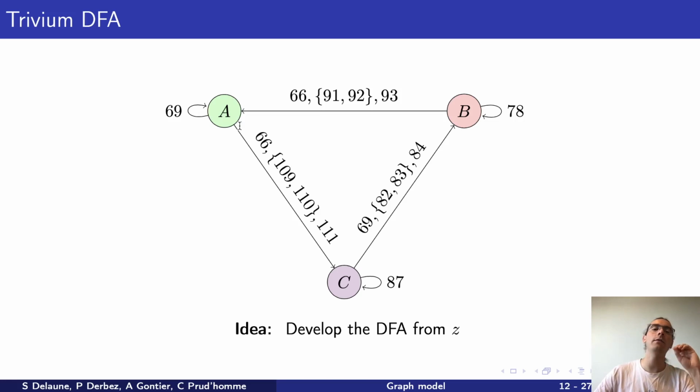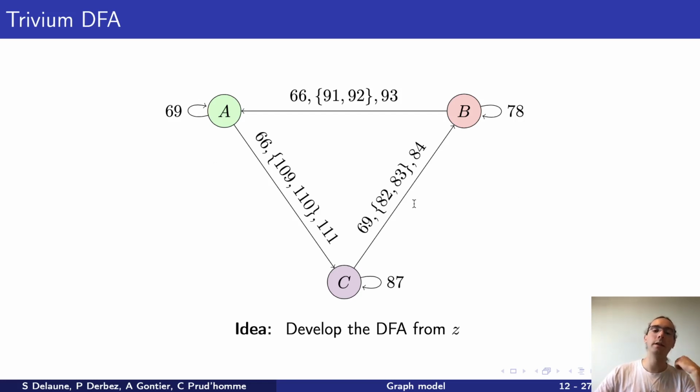This means that if I take the long arc from A to C and then the doubling edges from C to B, it will end up on the same nodes on B as if I took the doubling edges from A to C and then the long edge from C to B. So we see that there are already some solutions that are similar.